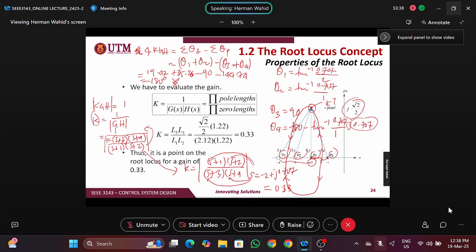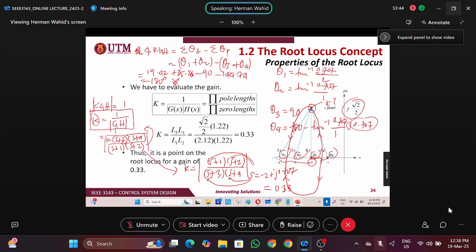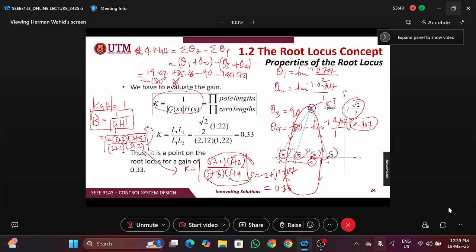As you can see here, the formula is this one. K is equal to 1 over the modulus of GH, which is also equal to this one. For the second method, we can also use the second formula here, which is, this is not pi, this is actually the product.